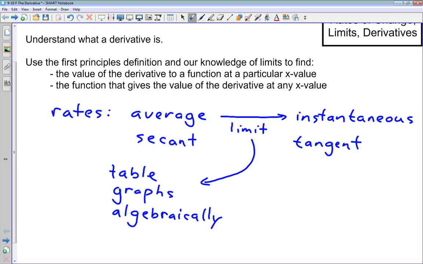Well, what we want to do now is we want to kind of circle back, and we want to take these techniques of evaluating limits algebraically and apply them to this problem of finding either tangents or slopes of tangents or instantaneous rates of change. And that's what brings us back to the derivative.